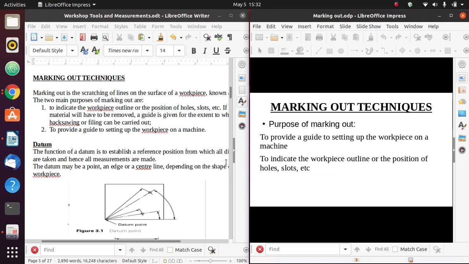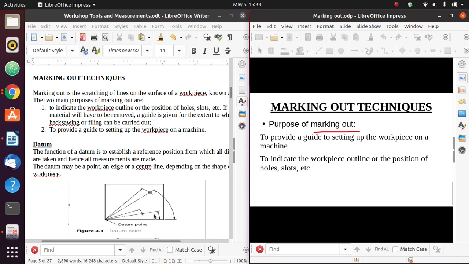When I am transferring a piece of design onto a workpiece, kwa sababu inaweza kuwa ni mbao, it can be plastic, by drawing lines, arcs, circles on the surface of that workpiece, that is what we call marking out. There are specific ways of doing that, but that process of transferring a design onto the surface of a workpiece by drawing lines, circles, or arcs is what we term marking out.